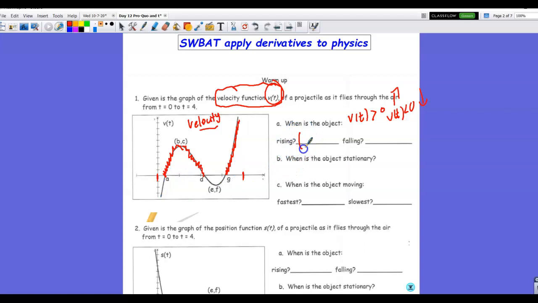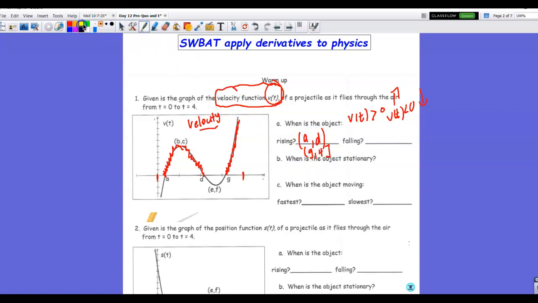So the object is rising from a to d, and then the object rises again from g to 4. Notice that I close on the endpoint and I have opens on the intermediate points. Object is rising from a to d, object is rising from g to an x value of 4.